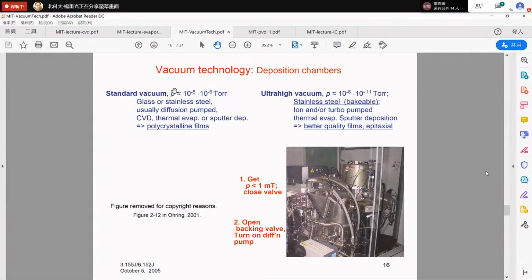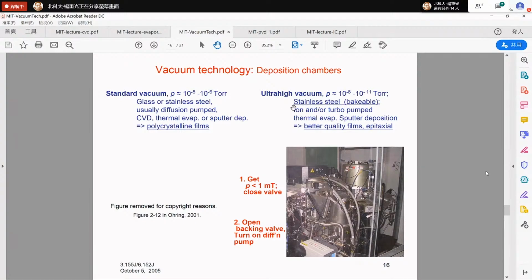So we normally say the standard vacuum is 10 to the minus 5 to 10 to the minus 6, which is a standard. Like CVD, thermal evaporator, and sputter, we use 10 to the minus 5 to 10 to the minus 6 torr.